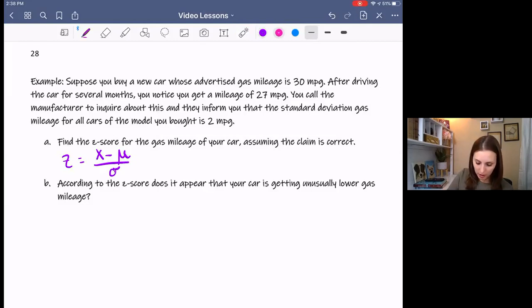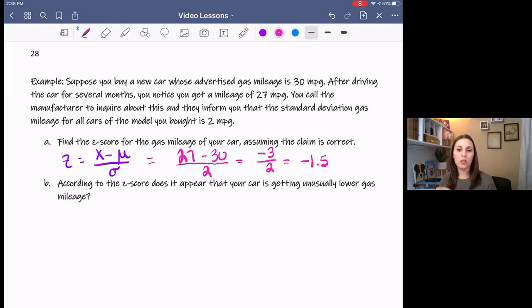You should get 27, your car, minus the population mean over the population standard deviation. It is below the mean, so we end up with negative. I'm going to write that in decimal form. So what is this number? I found negative 1.5.